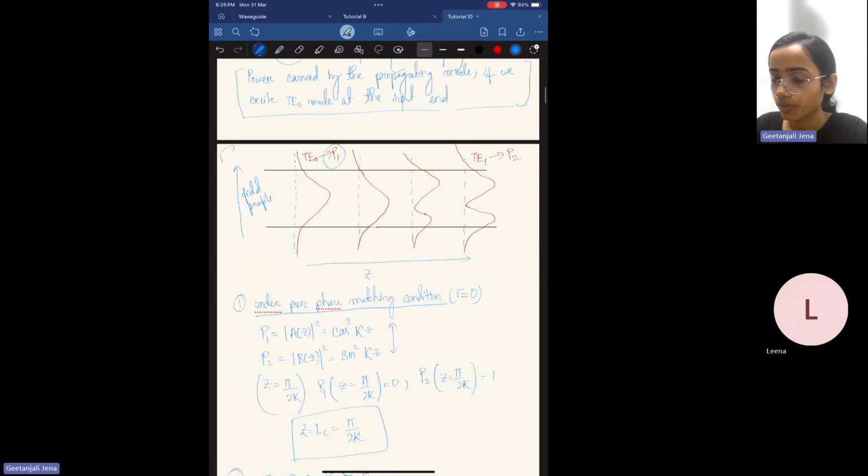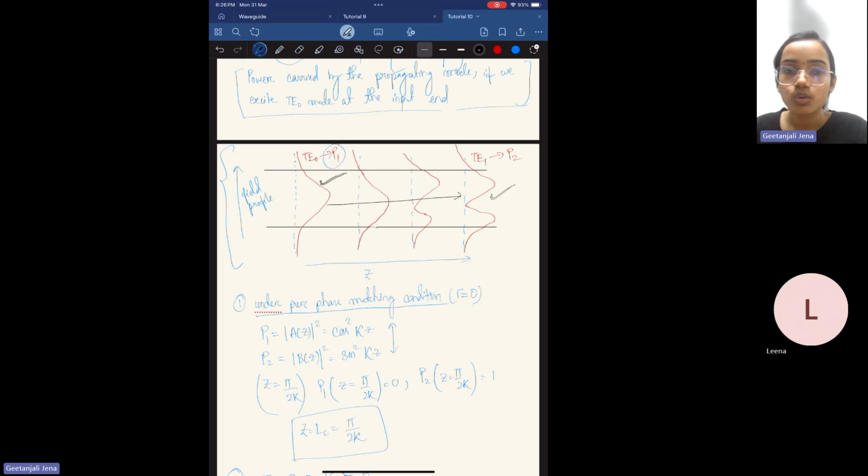This is the profile of how the mode gets coupled from TE0 to TE1 mode when it travels through the fiber grating. When we excite the TE0 mode, this is the mode profile. As the mode propagates in the Z direction, we see that the power is getting coupled to the TE1 mode.